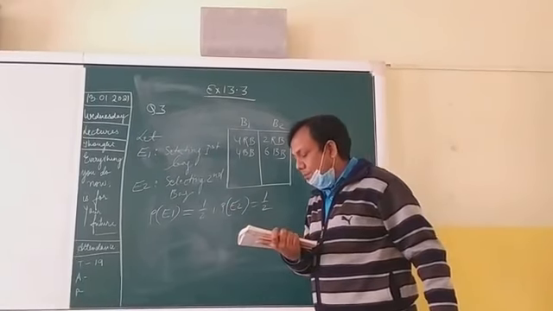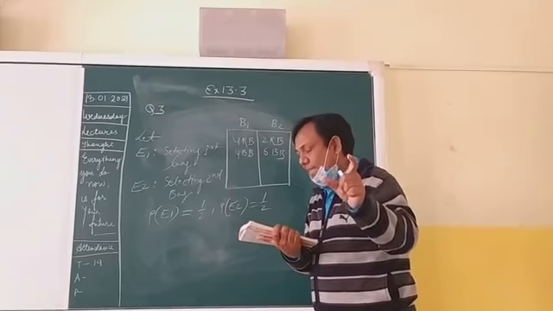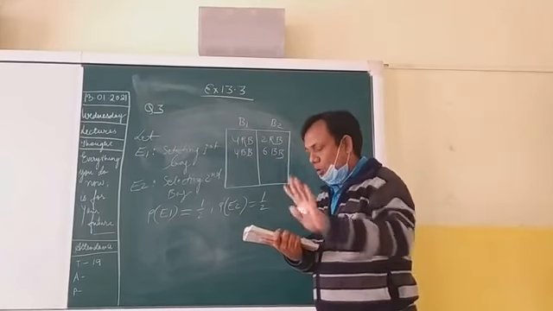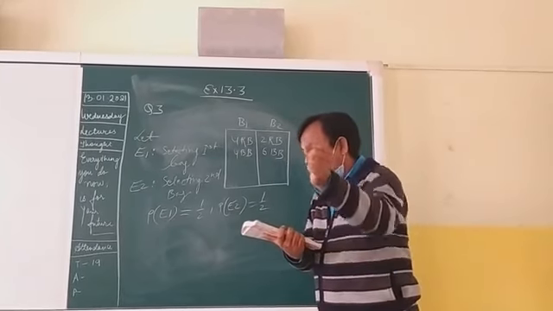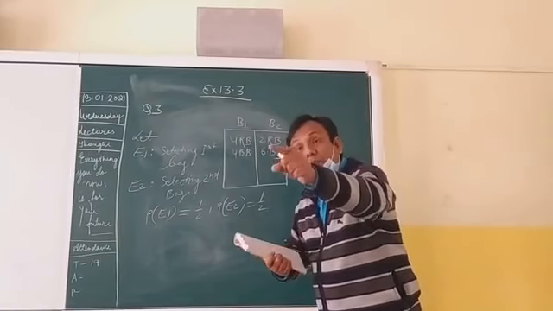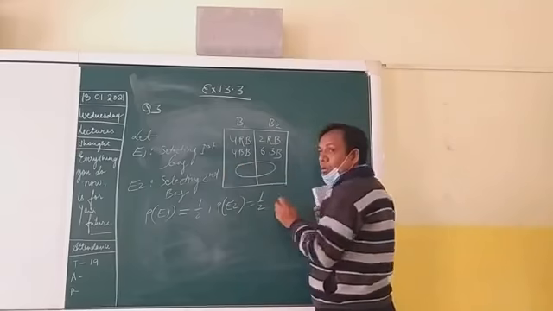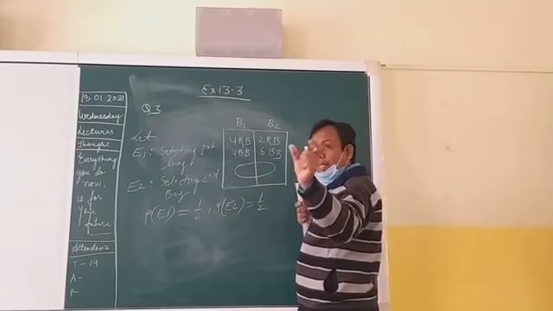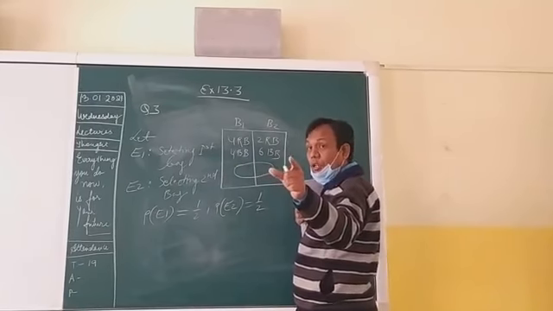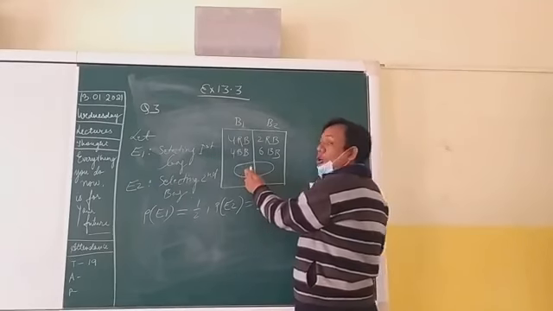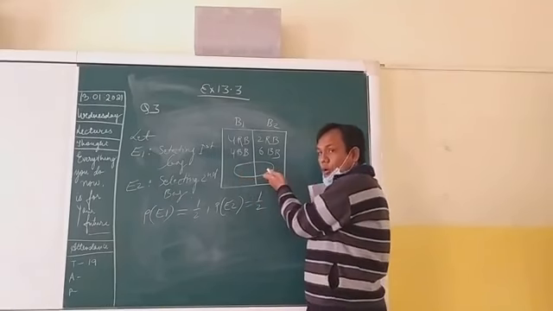What is written? One of the two bags is selected at random. Now, a ball is drawn from the bag which is found to be red. See, one ball is drawn and that ball is red. So that ball can be from bag 1 or from bag 2.